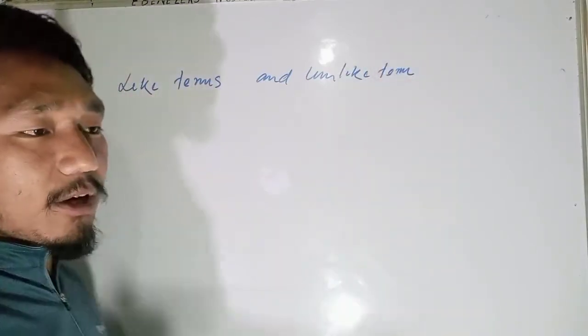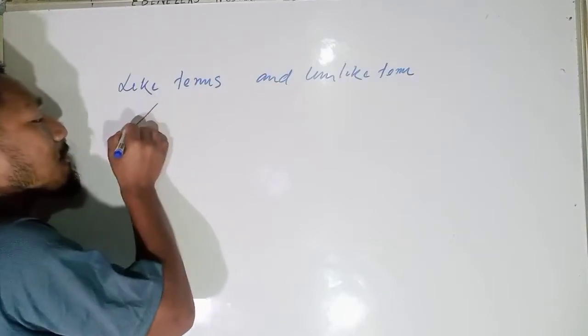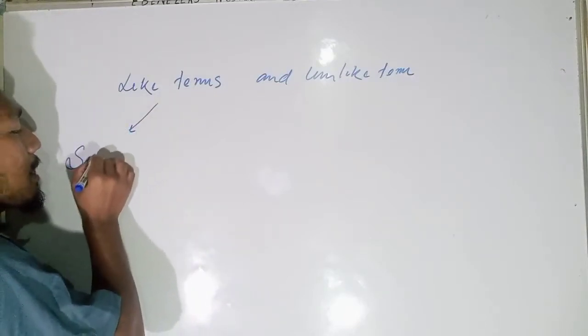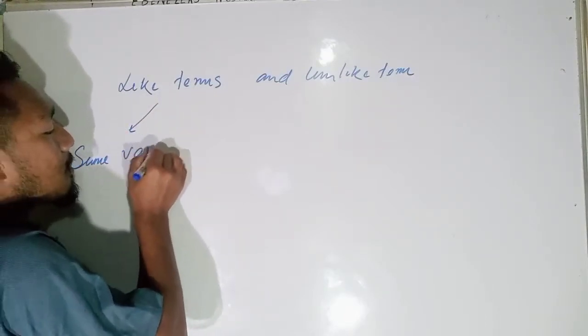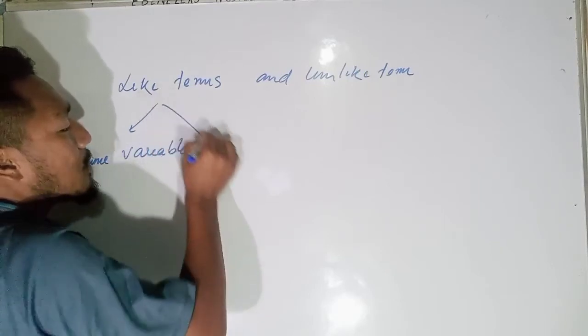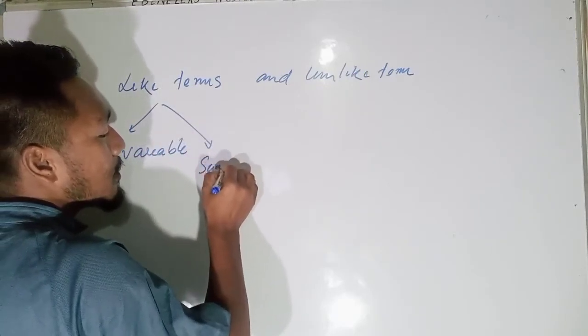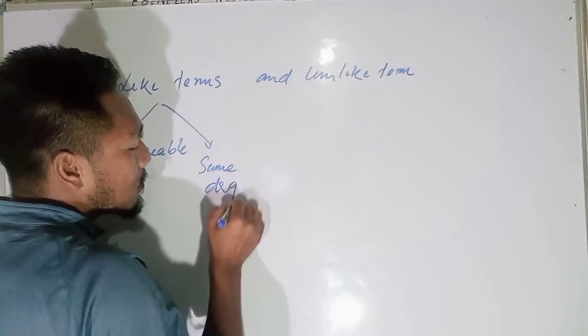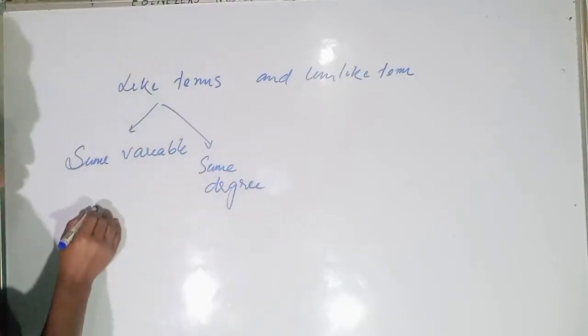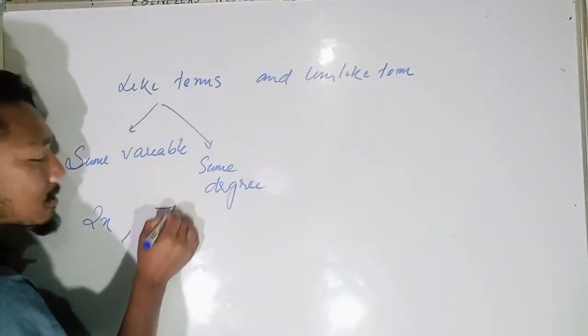Like terms are those terms where you will get the same variables and the same degree. For example, 2x and 7x.